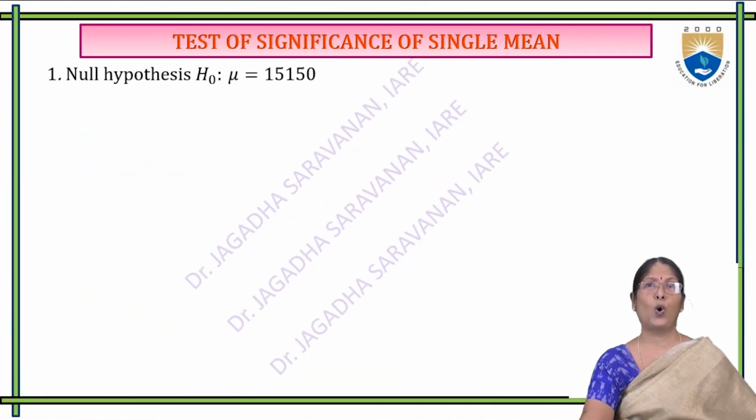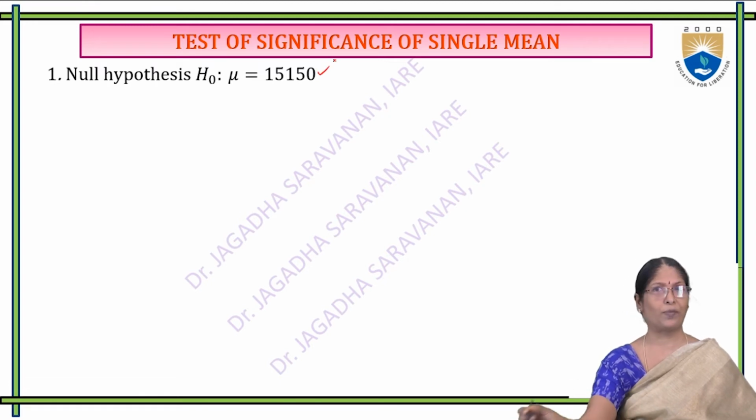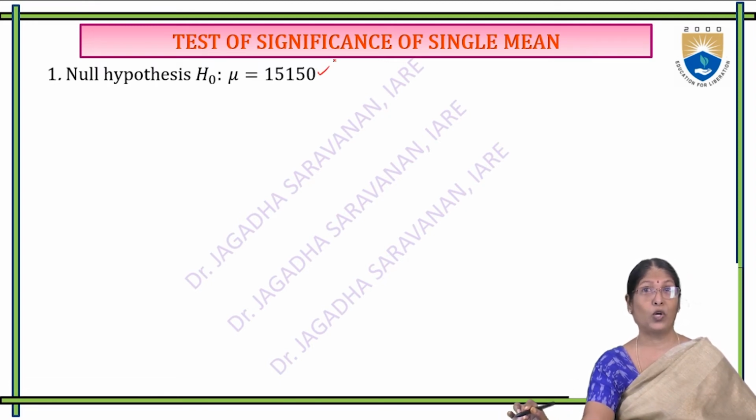The first point is the null hypothesis, H0: mu equal to 15,150. What the problem defines about the population condition, we have to accept. That is our null hypothesis. We accepted it, and the job of the first step is completed.